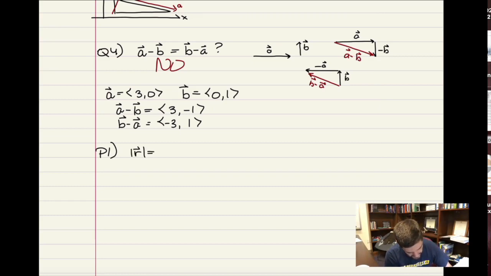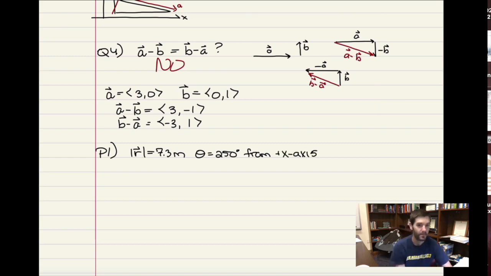We know the magnitude is 7.3 meters. We know the angle is 250 degrees, measured from the positive x-axis. And the question is, what are the individual components of this vector?